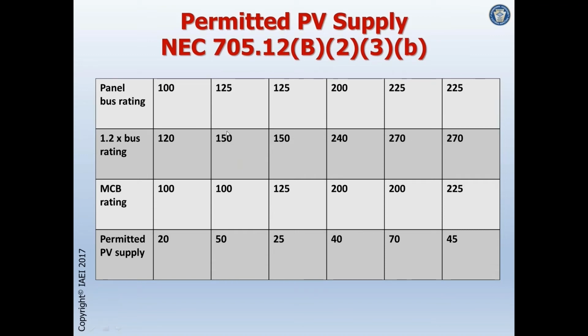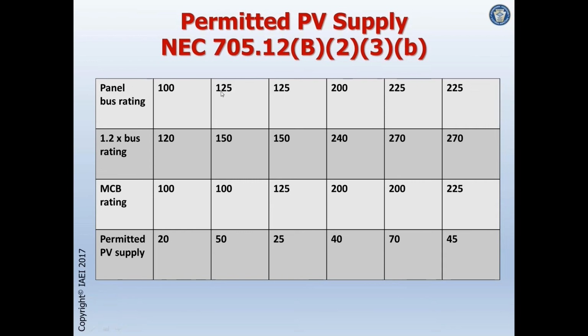So the next variable is the main circuit breaker or feeder circuit breaker rating. So if I'm allowed 100, and just looking at this first column, if I have 100 amp bus rating, and I'm allowed 120 amps from all sources, and my main circuit breaker is 100, then I'm allowed 20 amps of PV supply.